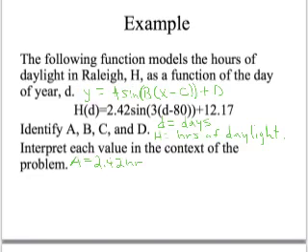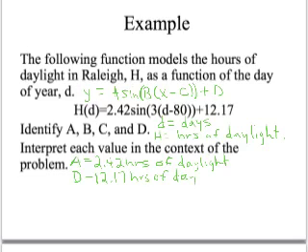And D is 12.17 hours of daylight. And I like to interpret these together. In fact, I would, because D is the average. Okay.